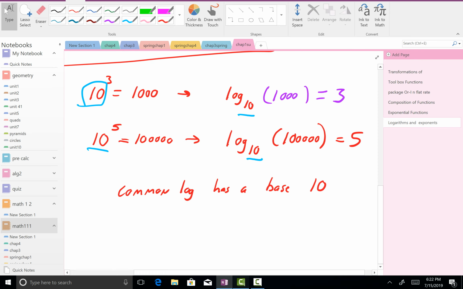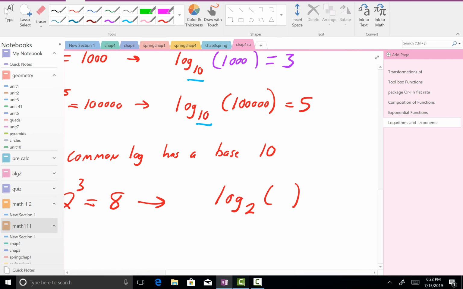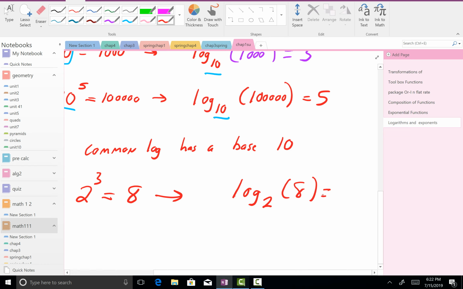But we could have, say, 2 to the 3rd is equal to 8. All right, so that means that the log, what would the base be? 2 of, what are we going to take the log of? 8, and that's going to be 3. Okay?